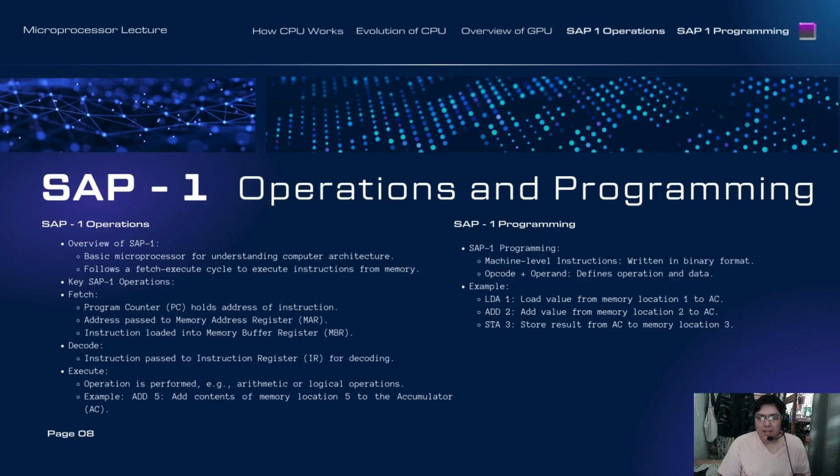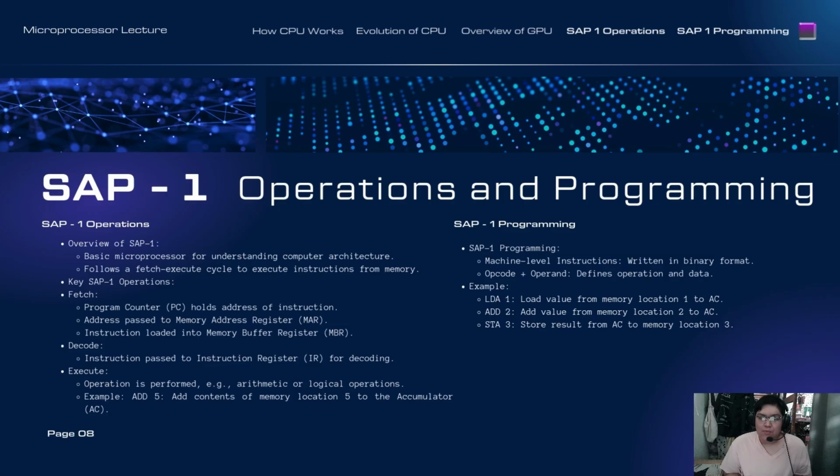Now, this systematic approach allows the SAP1 to carry out arithmetic and logical operations by performing simple fundamental tasks, making it an excellent tool for learning how processors function, or also how a mini computer functions.